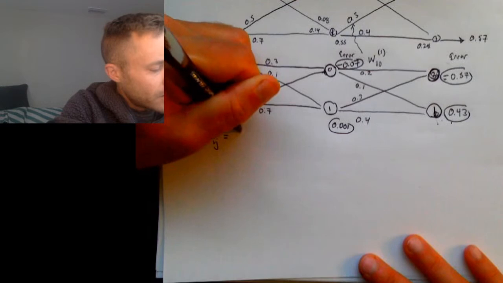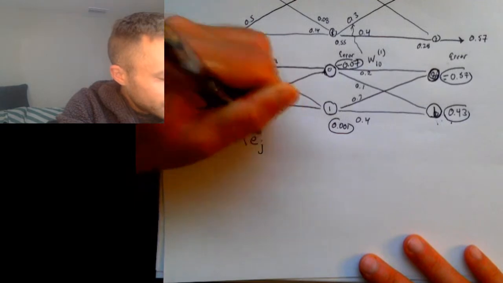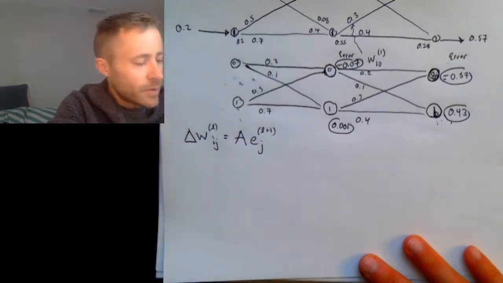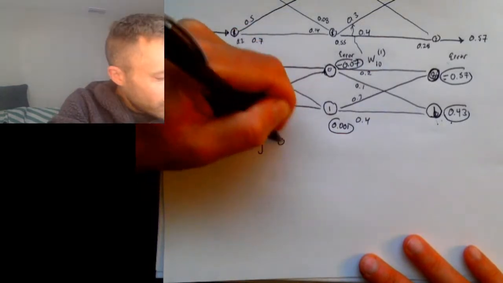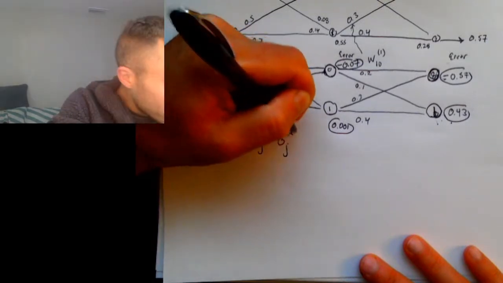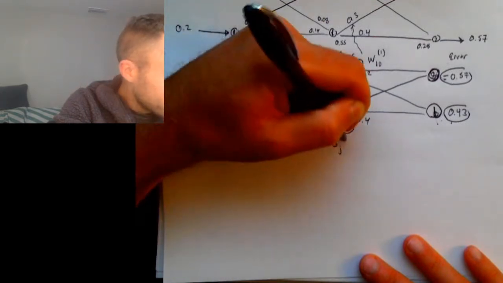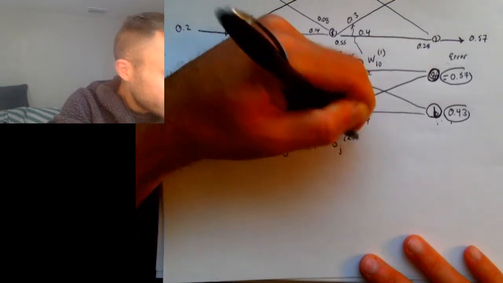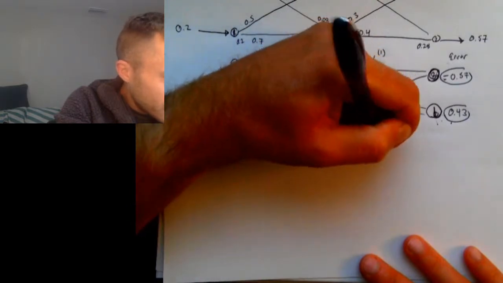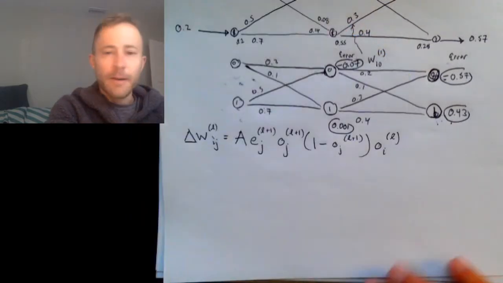So it's A times O_{j+1} times (1 minus O_{j+1}) times O_i of L. Okay.